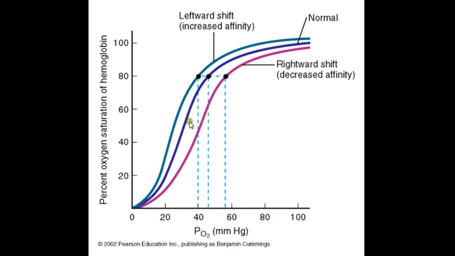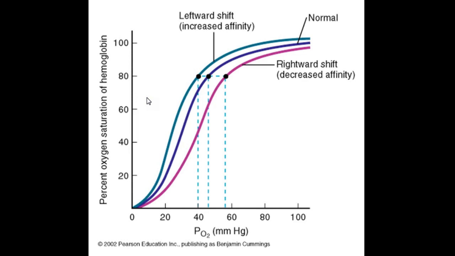So when you require more pressure for the binding or saturation, this means the affinity is decreased, or in other words, the oxygen would be easily released from the hemoglobin. But in case of the leftward shift, this is opposite: a small pressure would give more saturation and there will be a strong binding between the hemoglobin and the oxygen.